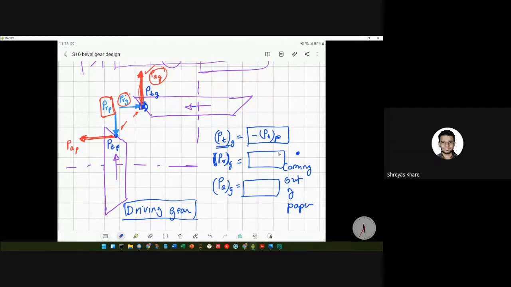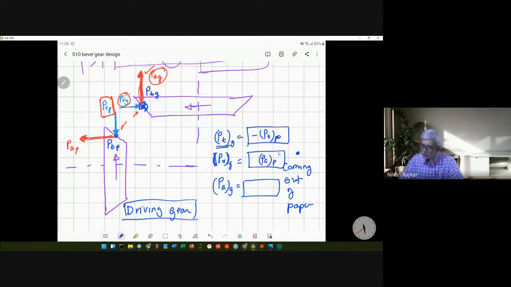Of the axial of the pinion. P axial of the pinion, that's right. So what we are trying to find out is P radial for the gear. That must be equal and opposite to that of P axial of the pinion. So that is what we have written here.